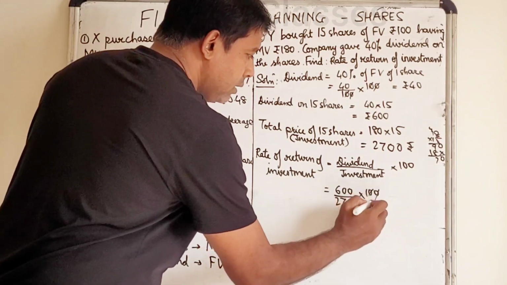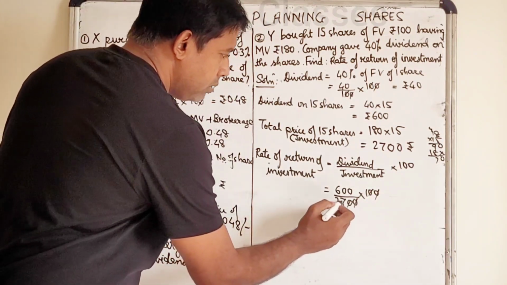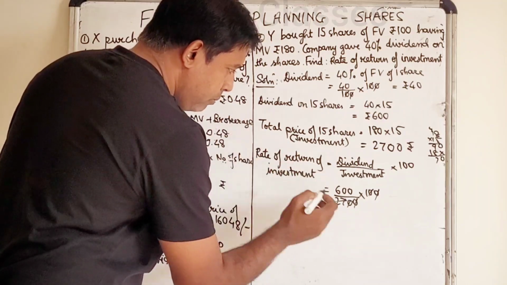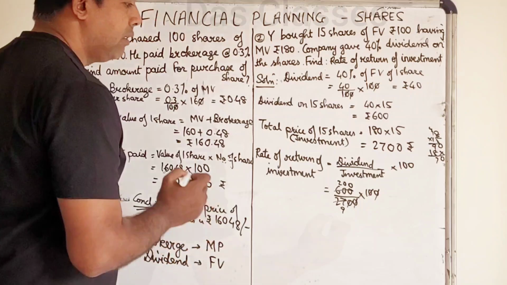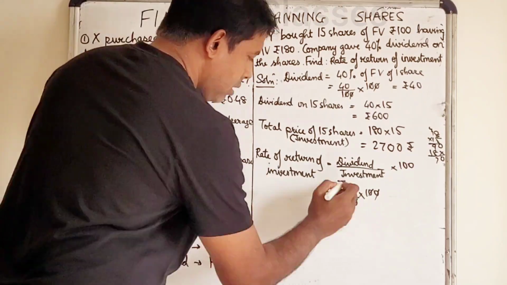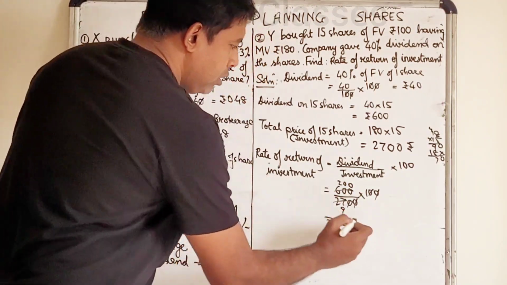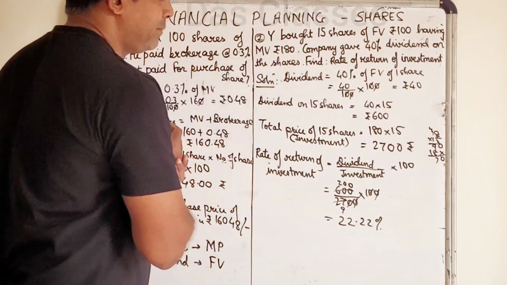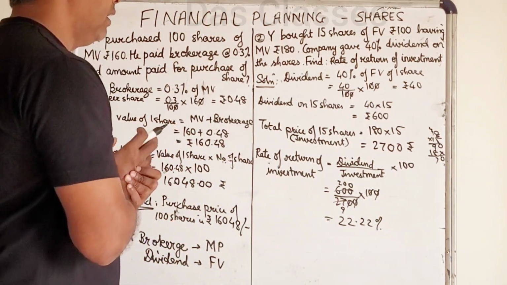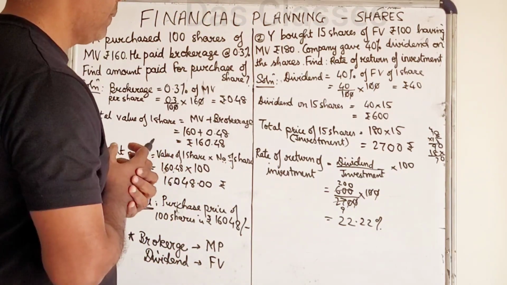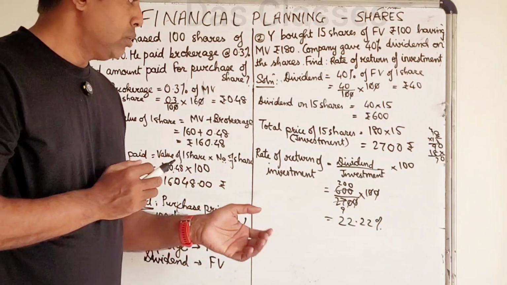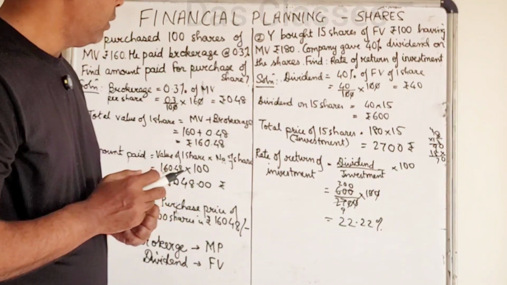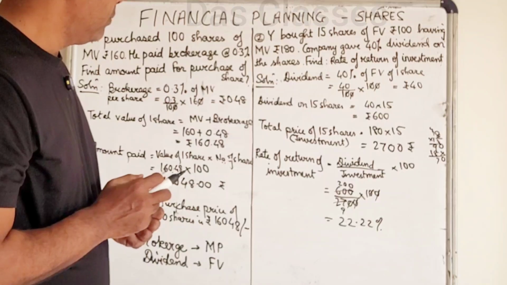You cancel this by 3: 3 9s are 27, and 3 200s are 600. 9 2s are 18, 9 2s are 18, so 22.22%. So the rate of return on investment is going to be 22.22%. This is how you're going to calculate the rate of return.